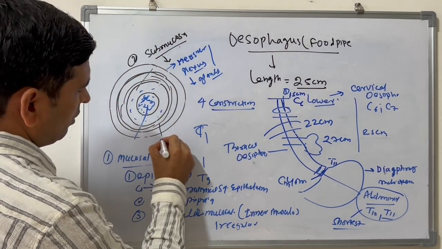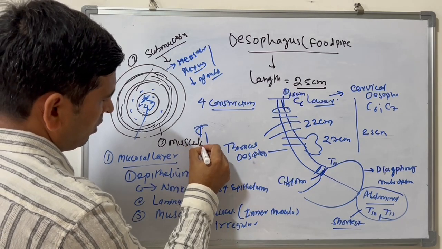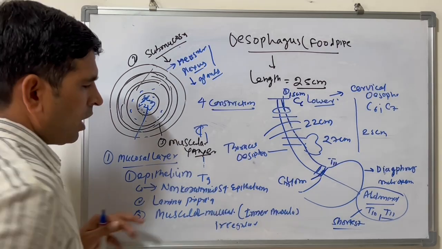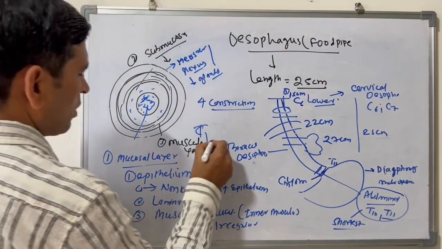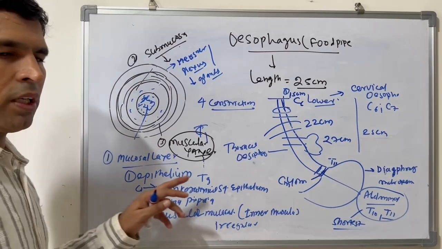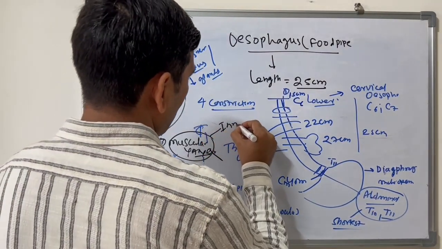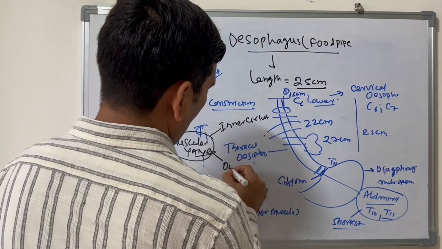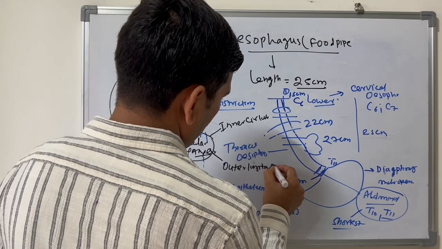The third layer is the muscular layer, or external muscular layer. This muscular layer has two parts: inner circular muscles and outer longitudinal muscles.